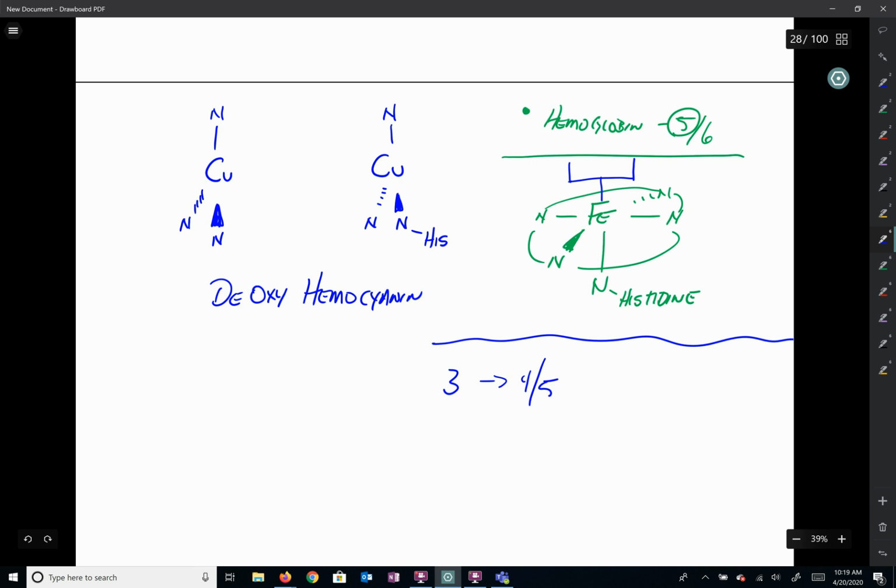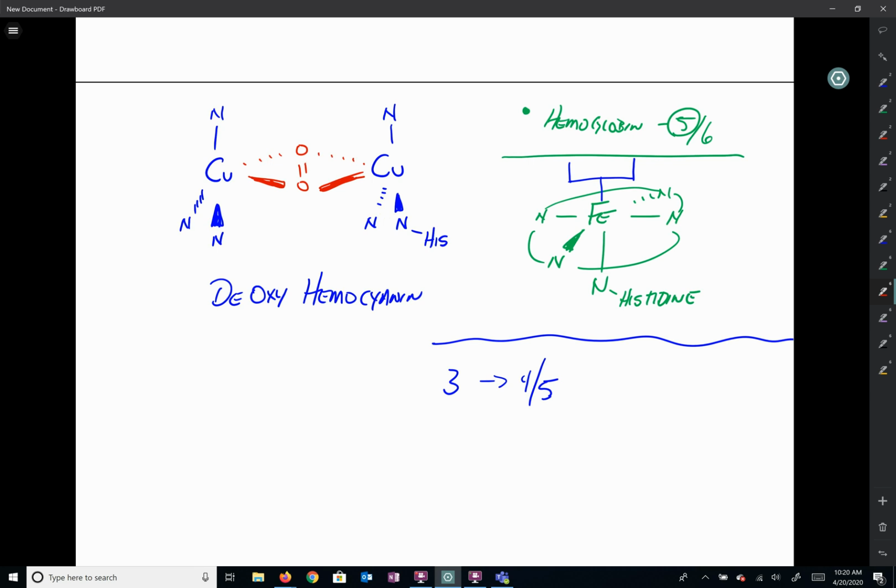Now, what we're going to end up seeing in hemocyanin, and I'll tab over to it in just a second, is that it starts out with 3 here in its deoxy state. And then as the oxygen comes in, the oxygen is going to bind in this side-on manner to both of the coppers, and that's going to distort the geometry around that copper.